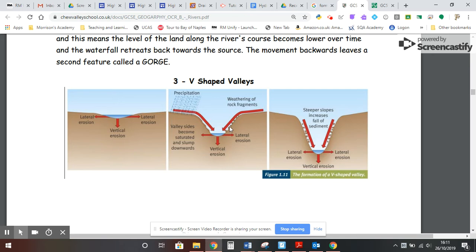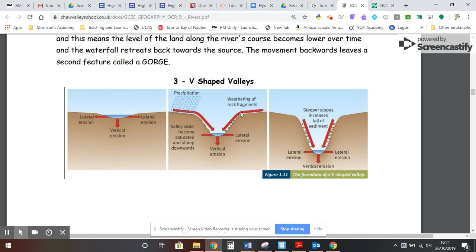And as those additional rocks enter the river channel, that will also increase the rate of erosion on the bottom of the river, especially through the process of abrasion, which is where rocks are moved by the water and erode the base of the river as they collide with the base. So that material getting added through freeze-thaw into the river also accelerates vertical erosion downwards. Over time, your valley sides will get steeper and steeper due to this slumping and the weathering of freeze-thaw.